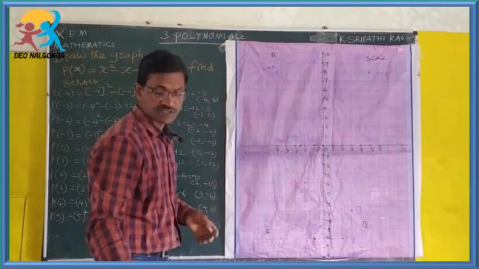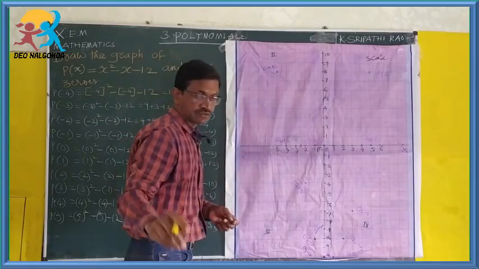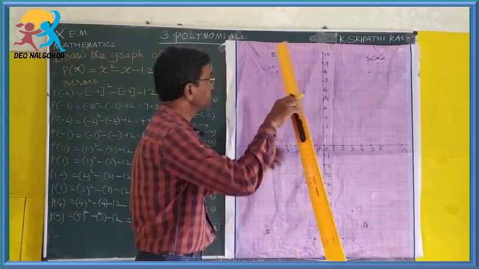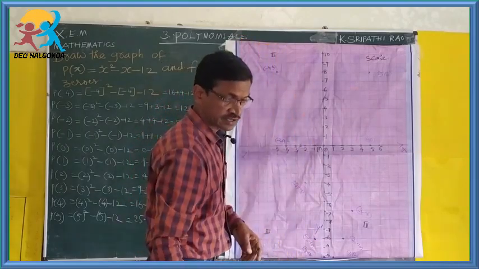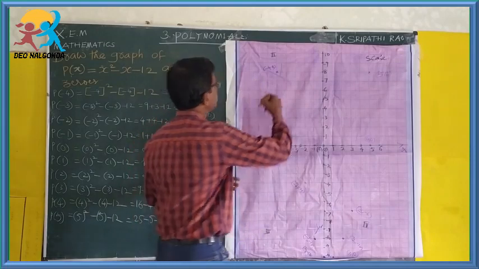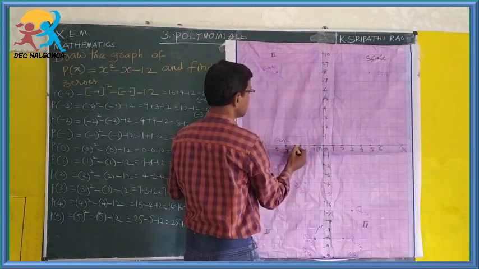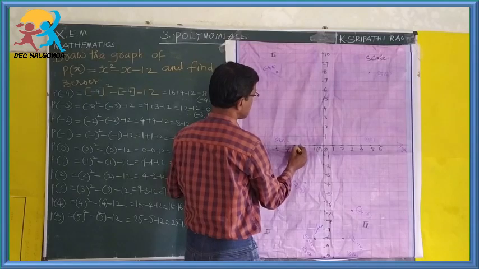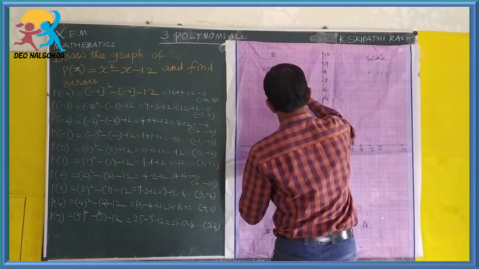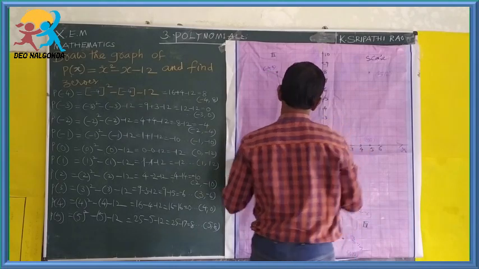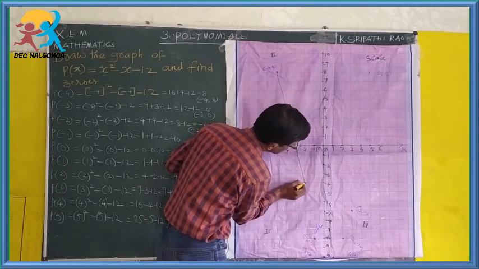Now I have to join these points by using freehand. Should not use a scale to join these points. Only using freehand. You have to join like this. You have minus 4 comma 8 and here minus 3 comma 0, 2 points are here. You have to draw like this. Next point minus 2 comma minus 4, like this.